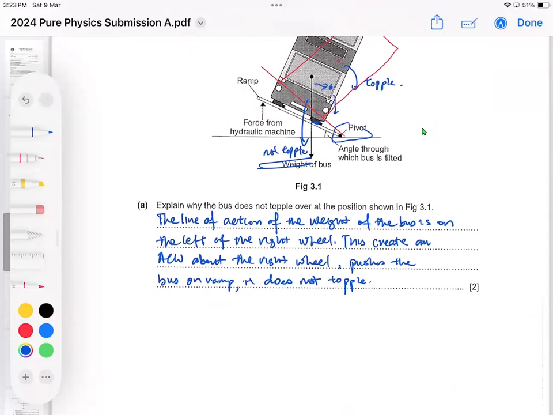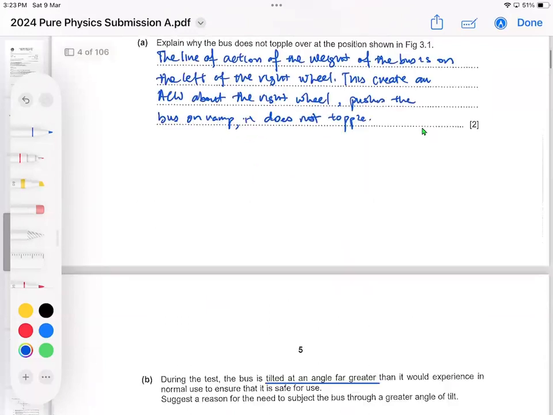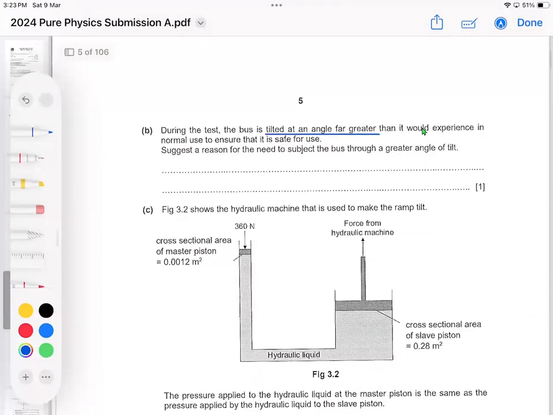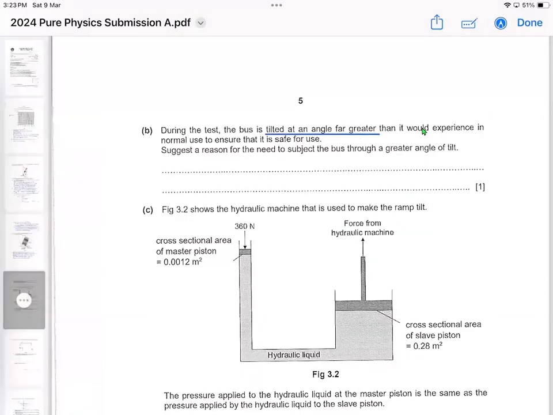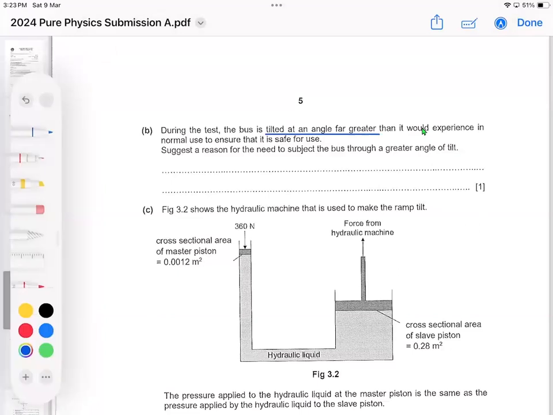You see, this one will cause it to be outside, then it may topple. So the shift in CG can be caused by, number one, more passengers sitting to one side of the bus.